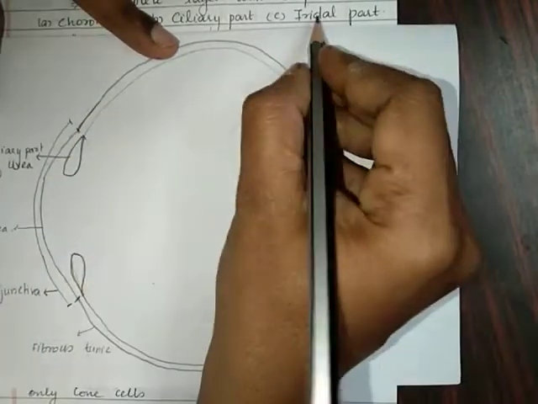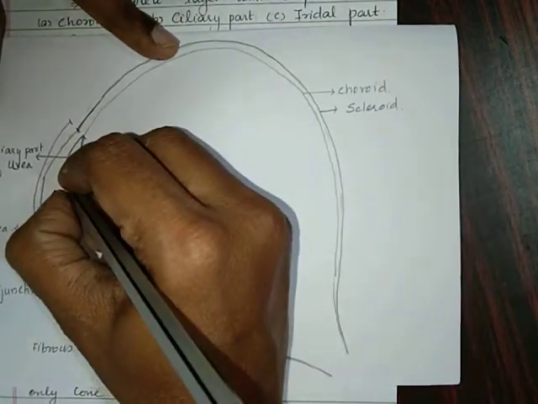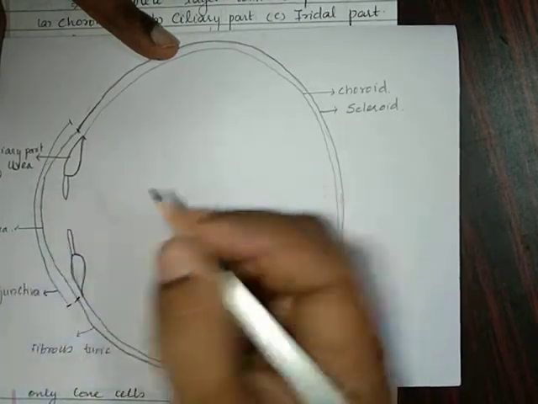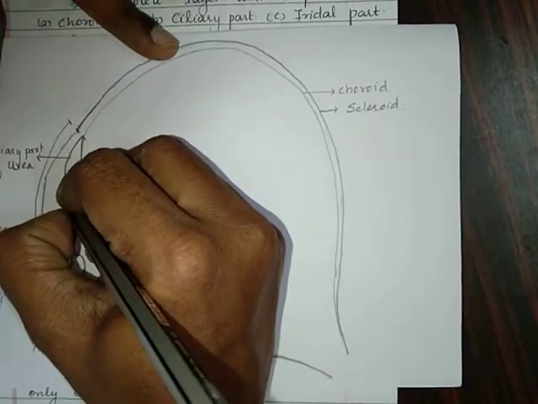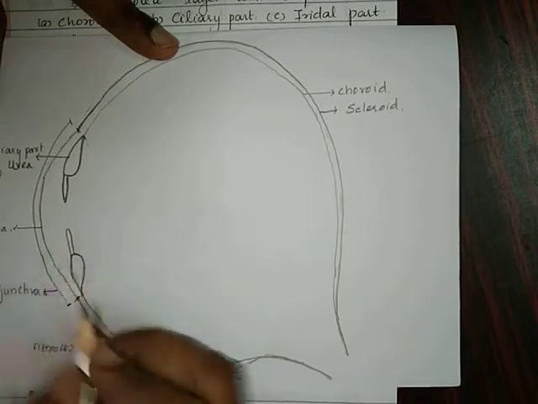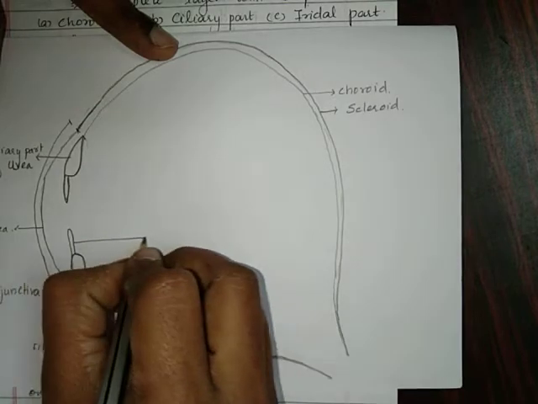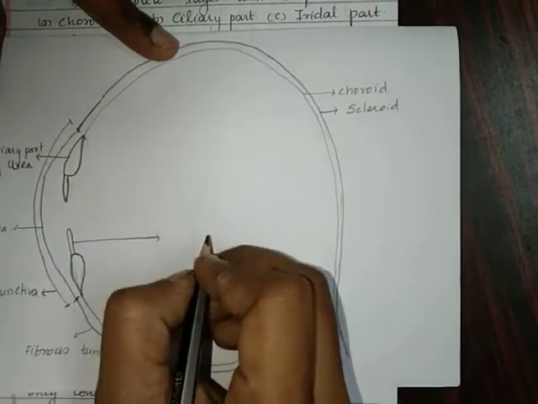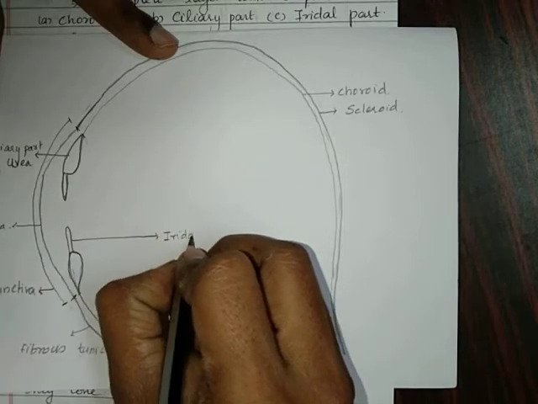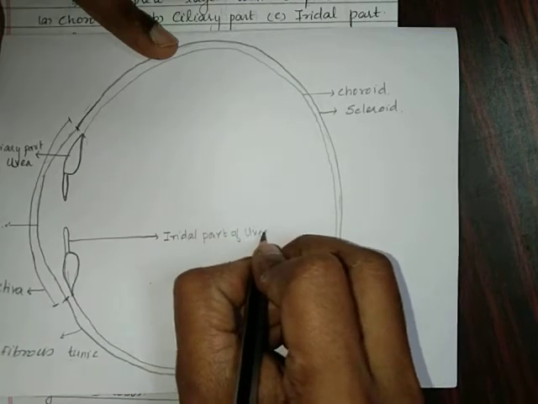And the next part is the iridal part. The iridal part is a small hanging structure which extends from the uvea, and this actually forms the incomplete layer. So this part, looking like a hanging structure, is called the iridal part of uvea.